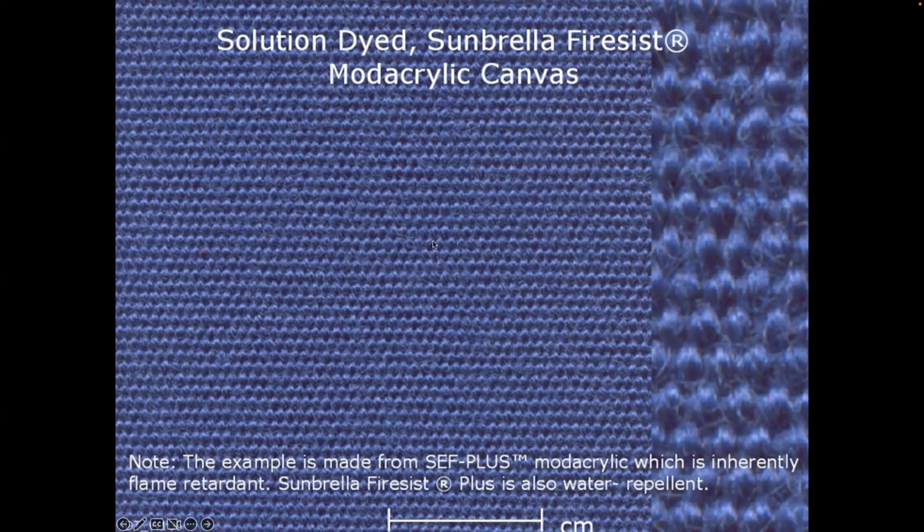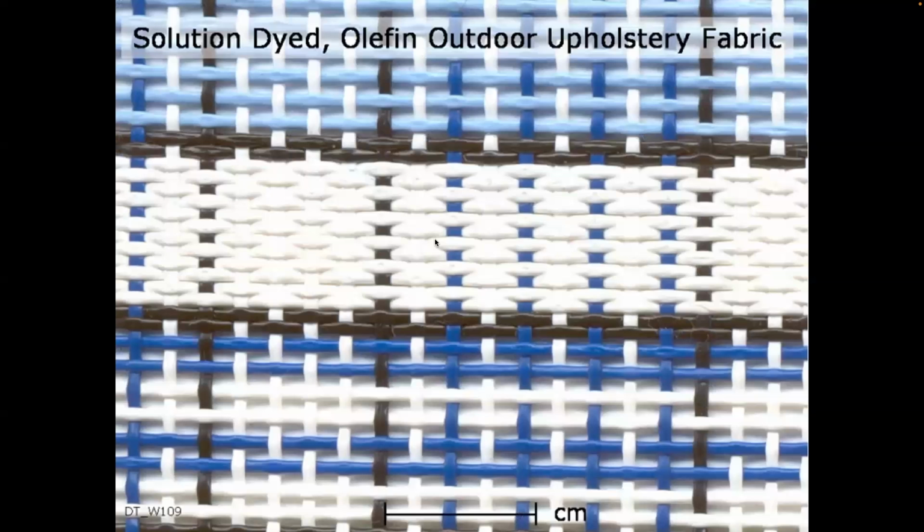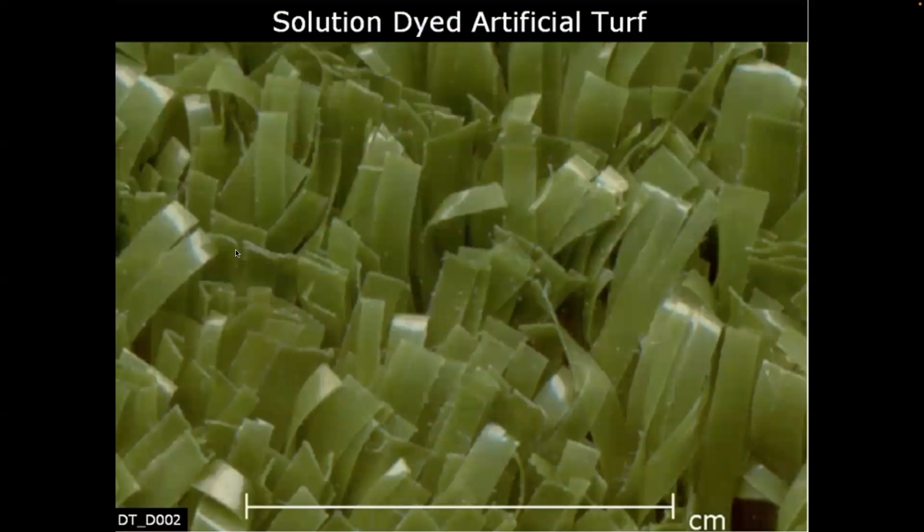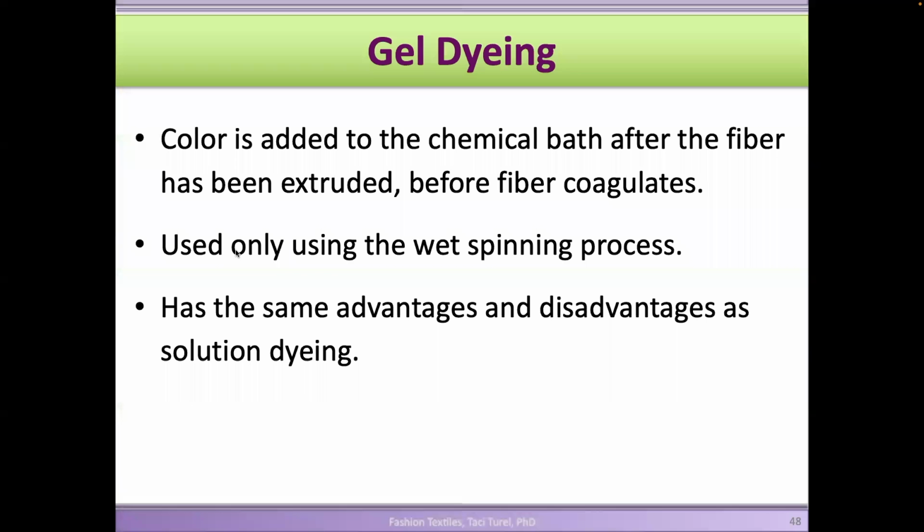So you see that this color is picked up from the solution before they extruded and made the modacrylic fibers. This is an outdoor upholstery fabric made out of olefin, and the yarns that are used here were solution dyed before they were woven into this fabric. This is an artificial turf, and they solution dyed this as well. It looks like it's olefin.